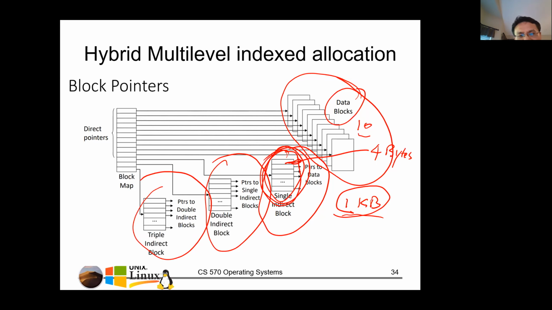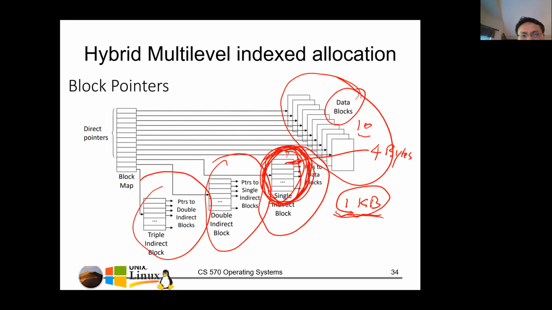So this table occupies a block, right? 2 to the 8th. That's correct. Yeah, thank you, Jonathan.